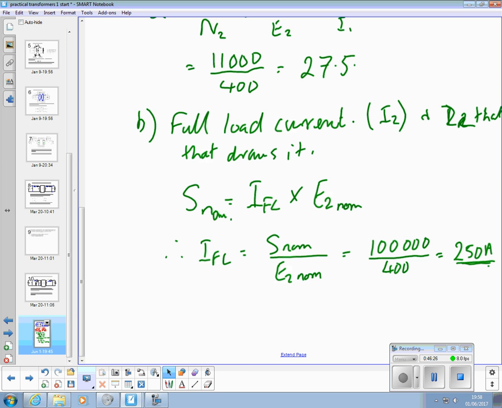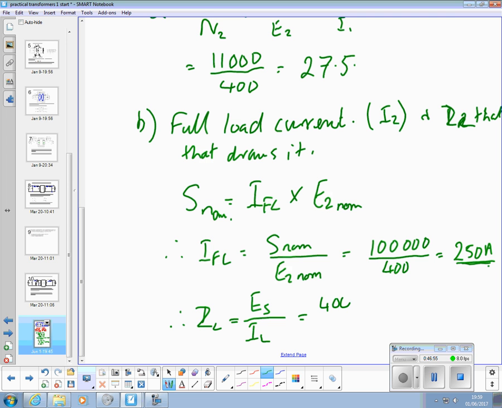Now we can use that current to find the resistance that would draw that current in that secondary. Therefore, ZL is equal to secondary voltage divided by the secondary current.